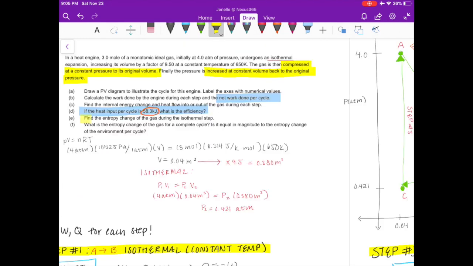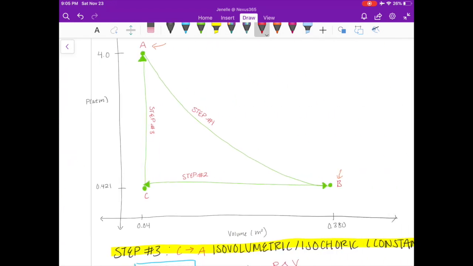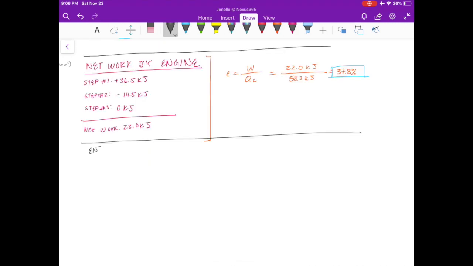In part E of this problem, we are asked to find the entropy change of the gas during the isothermal step. As mentioned before, the isothermal step is step 1. This is when the system goes from point A to point B. The change in entropy can be found by dividing the heat absorbed during the step by the temperature.